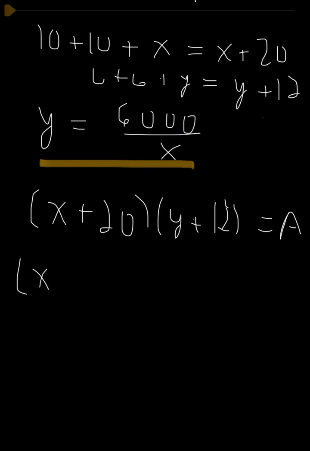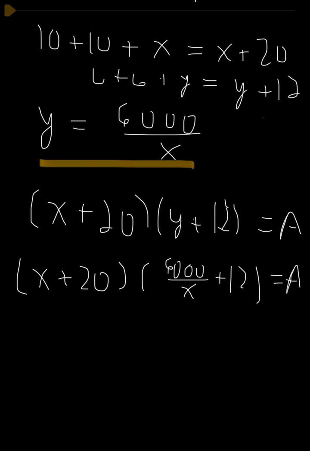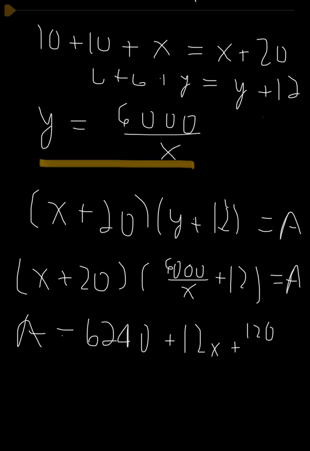So what we'll do instead is substitute 6,000 over x in for y, and that means x plus 20 times 6,000 over x plus 12 equals A. So if we eventually multiply this out, we're going to get the equation A equals 6,240 plus 12x plus 120,000 over x.